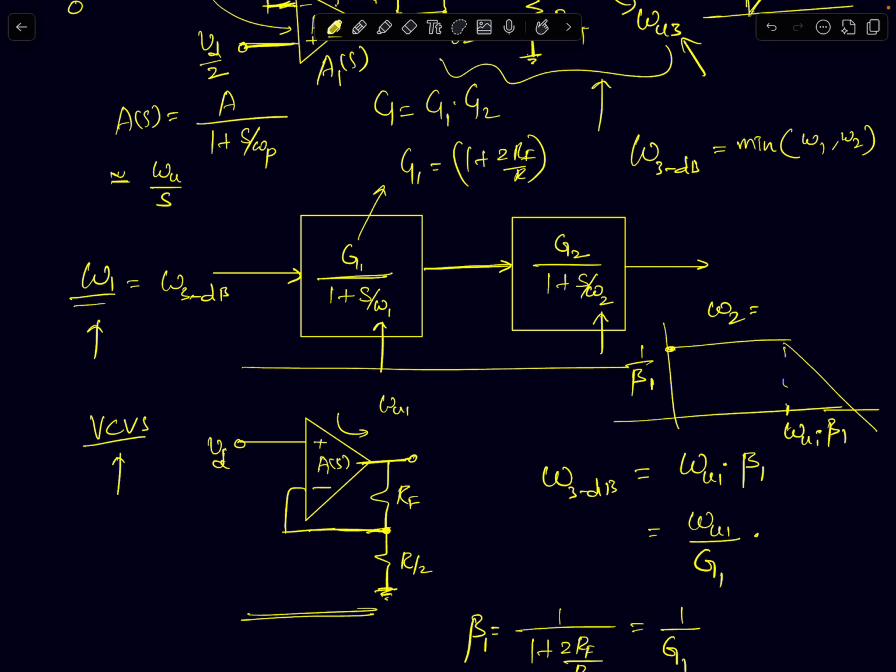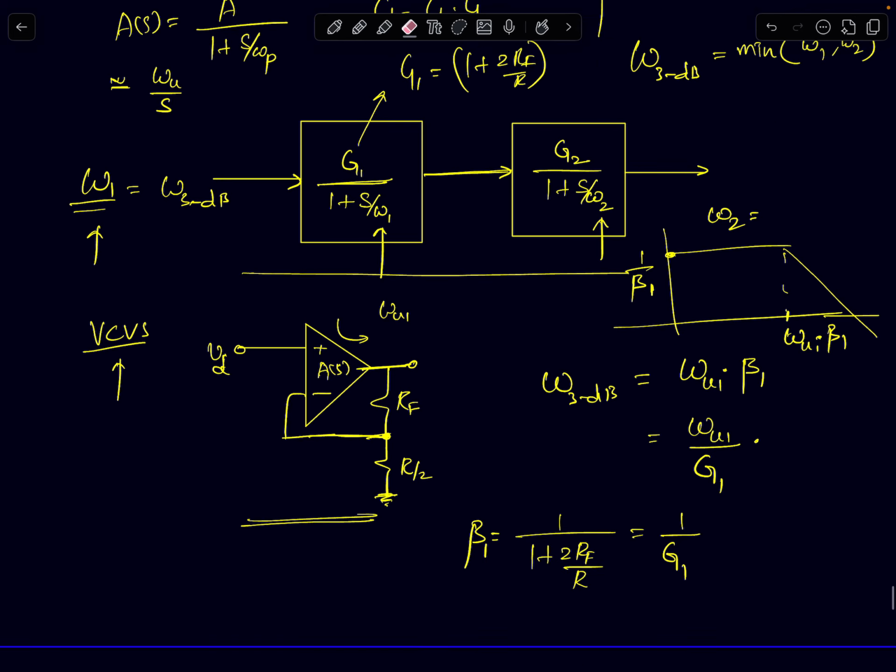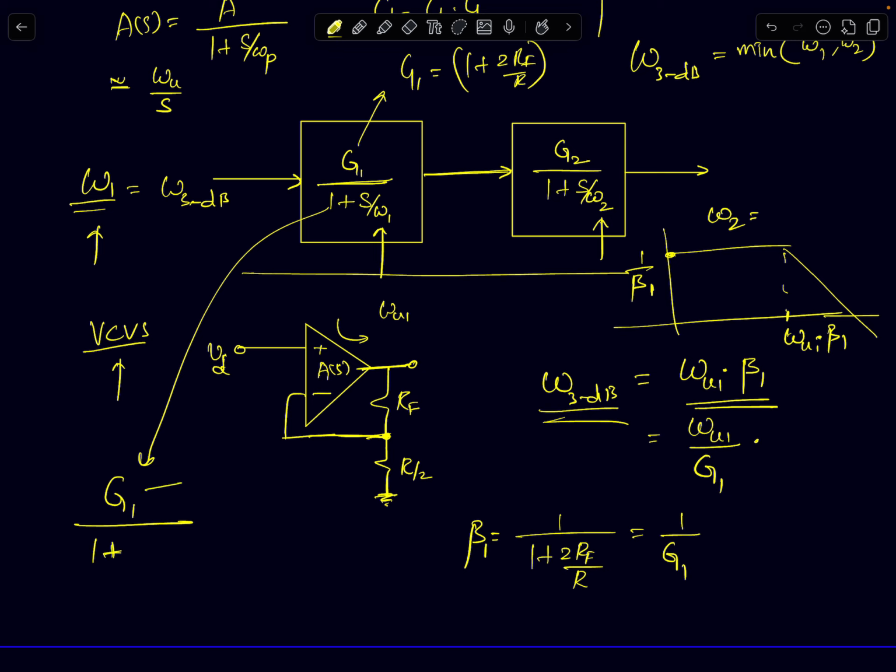So the 3 dB bandwidth of a non-inverting amplifier is simply given by omega u1 times beta 1. Now if I use this model, where I write the closed loop gain as a single pole response with a gain G1 and a pole of omega 1, omega 1 here is your 3 dB bandwidth given by omega u1 times beta 1.